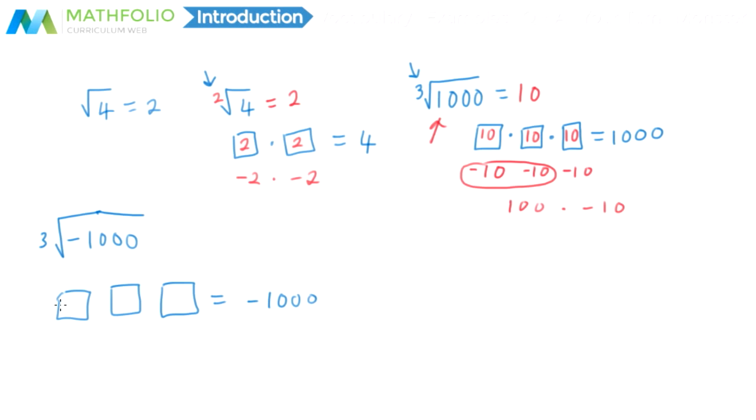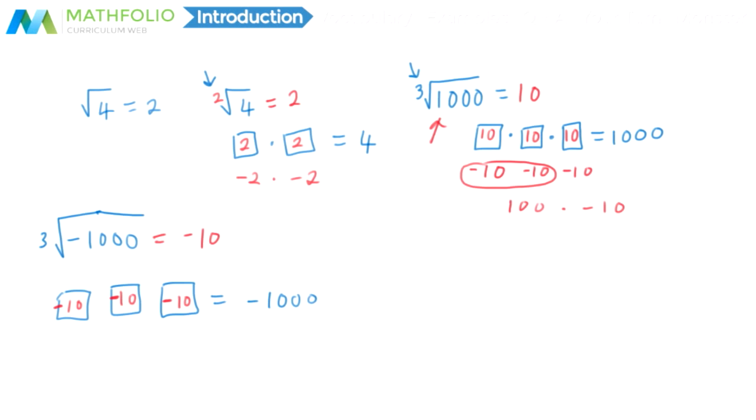However, a negative times a negative times a negative is going to give us a negative, and if we fill in the actual number, it's going to be 10 times 10 times 10. So the cube root of negative 1000 has to be negative 10. It can't be a positive number in this case.